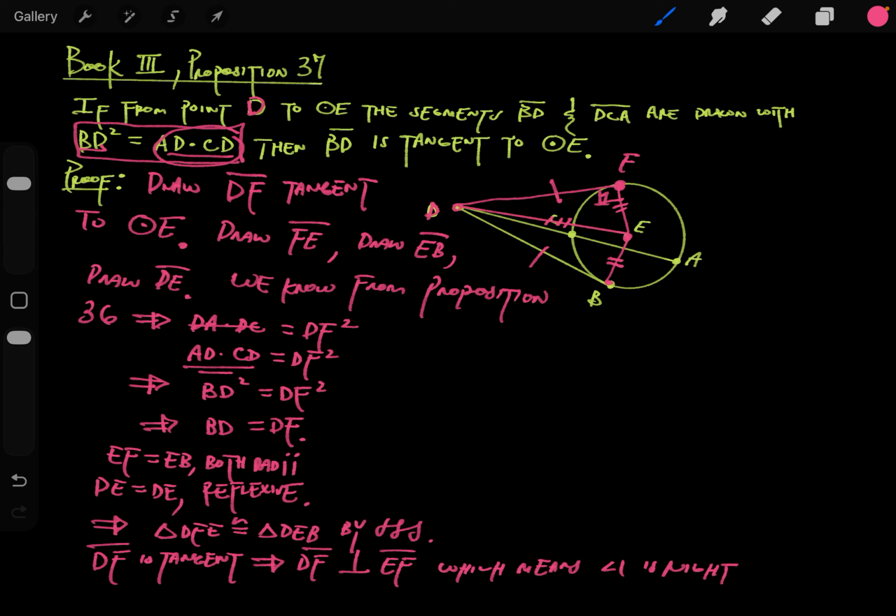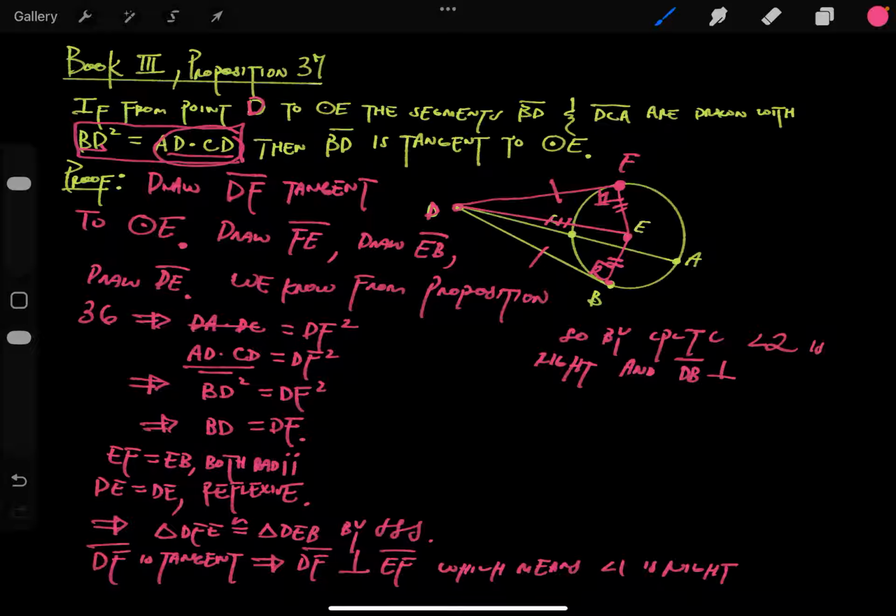Now, if these two triangles are congruent, then that means that this angle must also be right. So, by CPCTC, angle 2 is right, and DB is perpendicular to the radius EB.